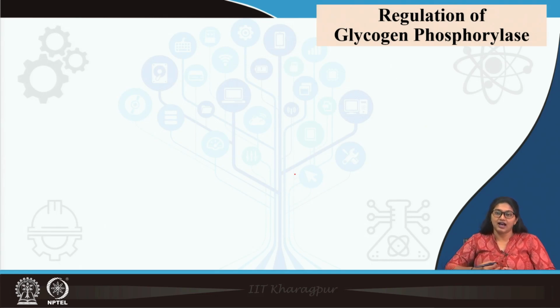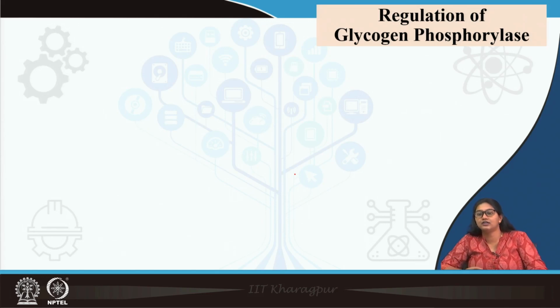Another very important thing is that glycogen phosphorylase remains in two different forms, and that was discovered by Carl Cori and Gerty Cori, two important scientists. They were awarded the Nobel Prize in medicine and physiology for the demonstration of glycogen phosphorylase and its activity.